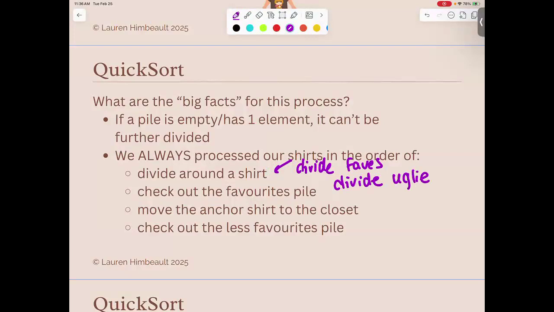I hope they're not uglies, but the other ones. And we just kept doing that. So we kept dividing all of our faves until there were no more faves to divide, at which point we would move favorite in, then anchor, then least favorite of the favorites. Then we'd go up a layer and we would divide the uglies, and we would do the same thing.